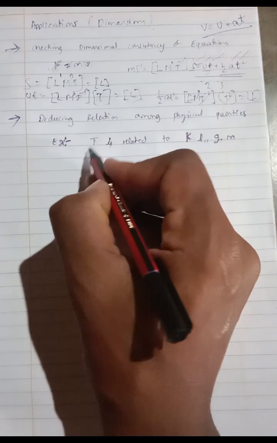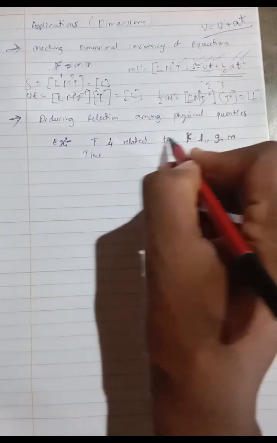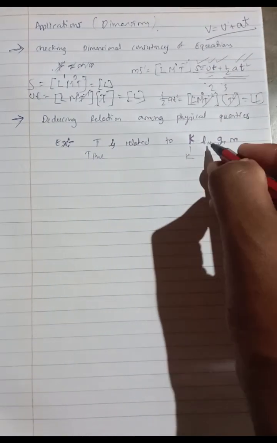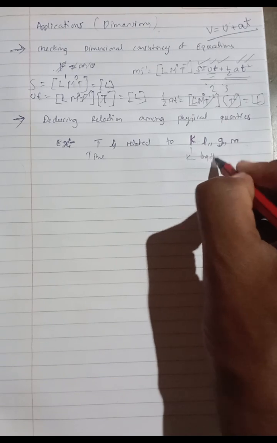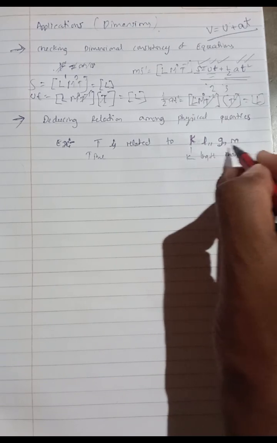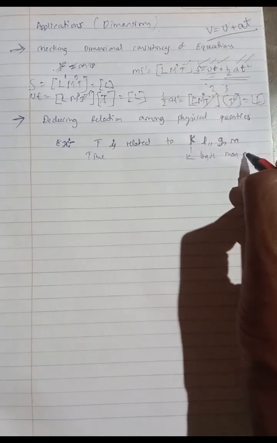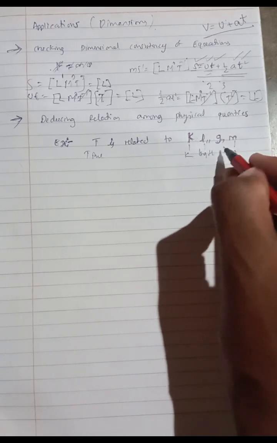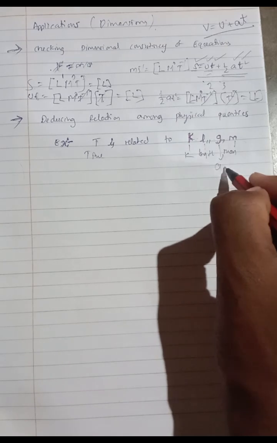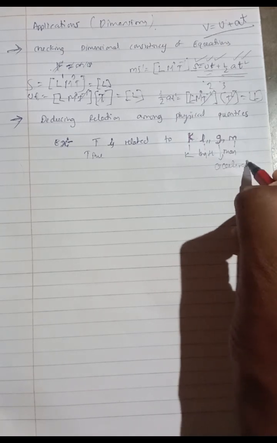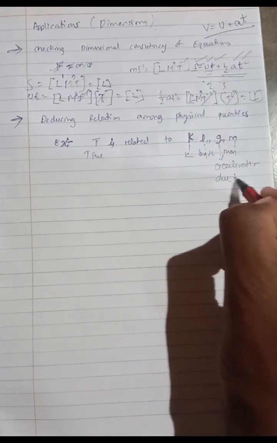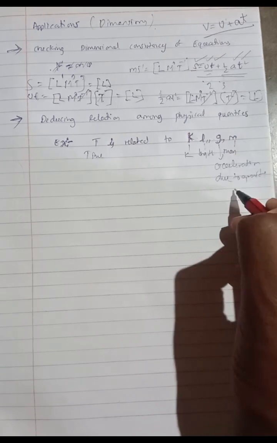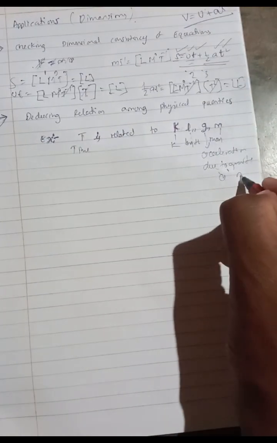Time we know is t. It is related to k, where k is a constant, m means mass, l means length, and g is acceleration due to gravity, which has the same unit as acceleration, that is meter per second square.